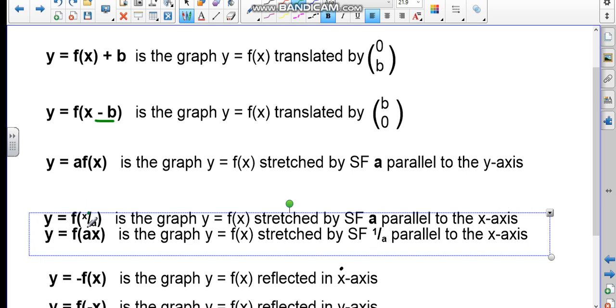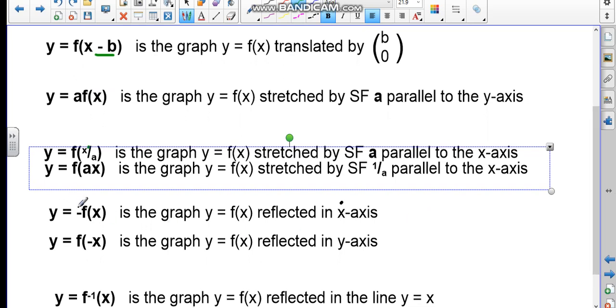So if it's inside the function, it's going to be parallel to the x-axis, but it's going to be the opposite of what you think. So x over a gives you a scale factor of a, or the other way around, if you're multiplying x by a, the stretch is 1 over a. So it's opposite to what you think.